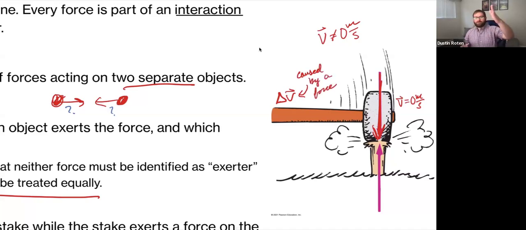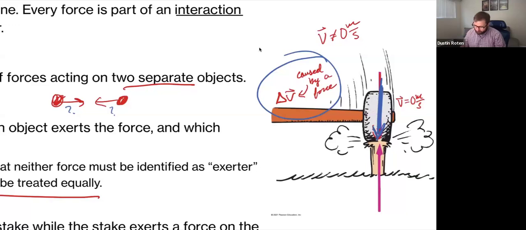So let's think about this. We have this hammer coming down and striking this stake. The hammer is exerting a force on the stake, but what force causes the velocity of the hammer to slow down to zero?